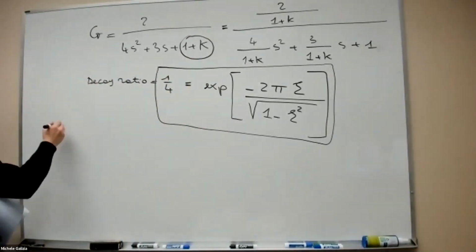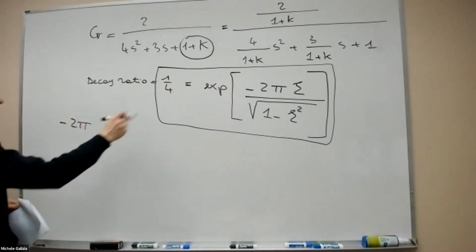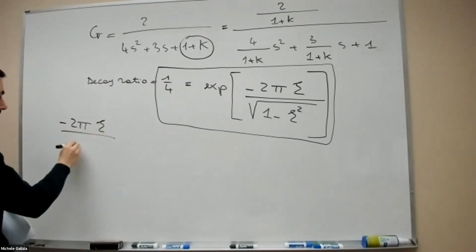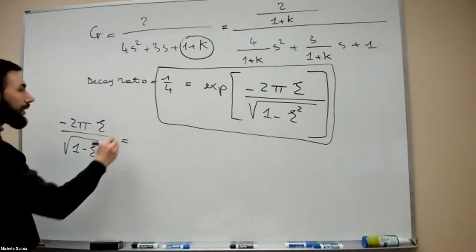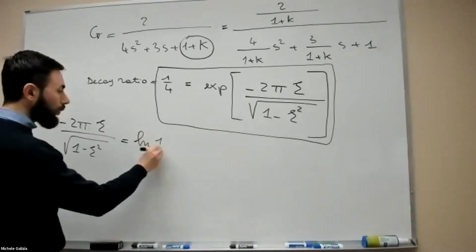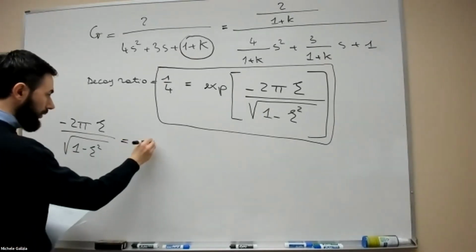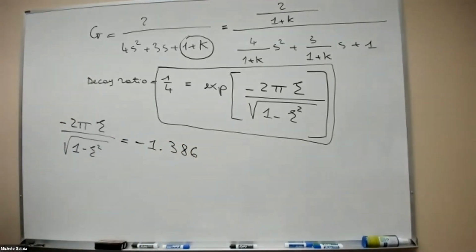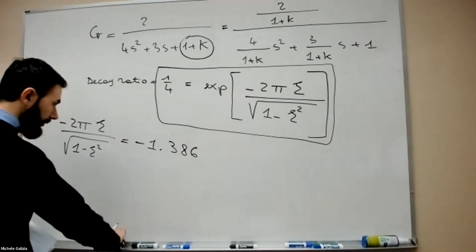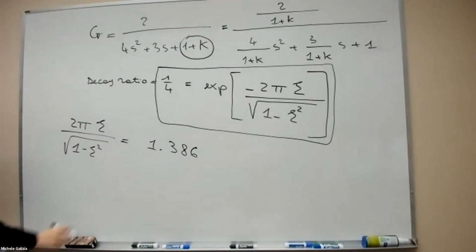In this way, we get minus 2 pi psi divided by the square root of 1 minus psi squared equal to the logarithm of 1/4, which is minus 1.386. And this minus and this minus can be suppressed.